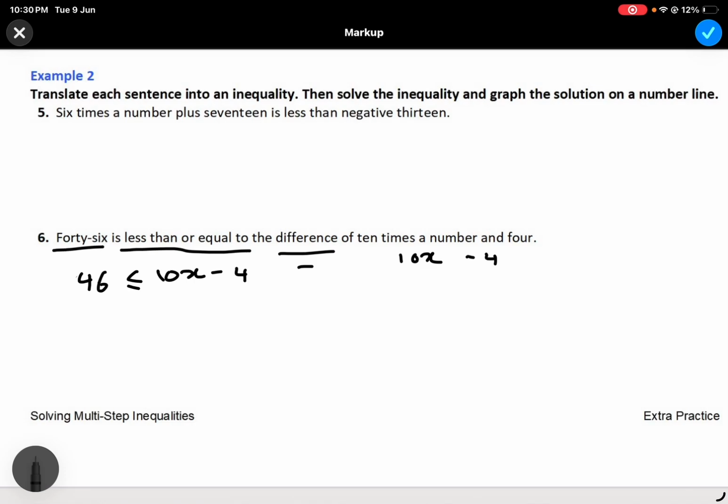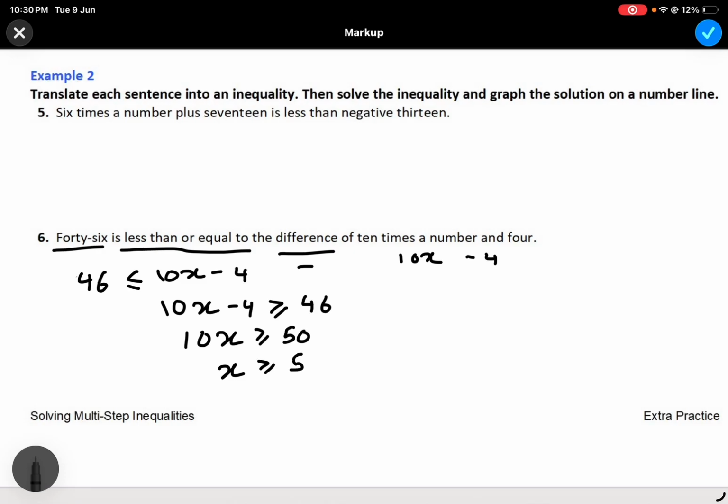If we want to flip it around, we can make it 10x minus 4 is greater than or equal to 46. And then we add 4 to both sides. We get 10x is greater than or equal to 50, or x is greater than or equal to 5, because we divided both sides by 10.